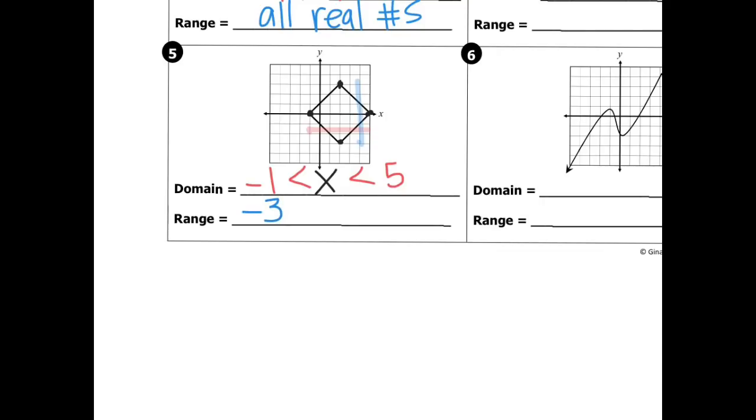The largest value of my range is +3. And somewhere in the middle are my y values. My y values are greater than -3, but less than 3.